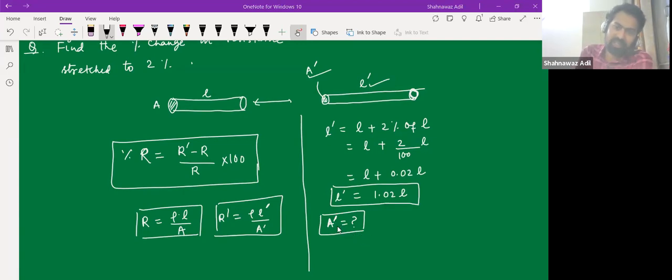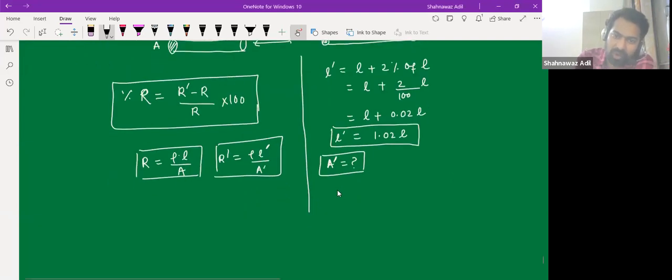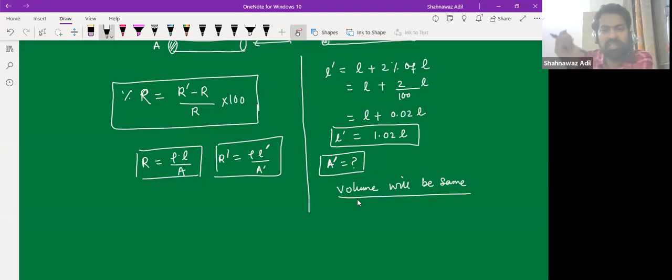We can calculate this area prime by calculating the volume. So volume will always remain the same, right? Because if we are changing the length, the area will change. So this area into length of the previous would be equal to A prime L prime.